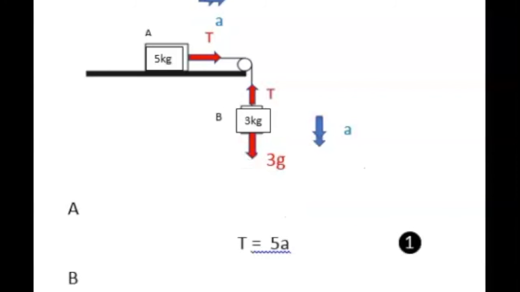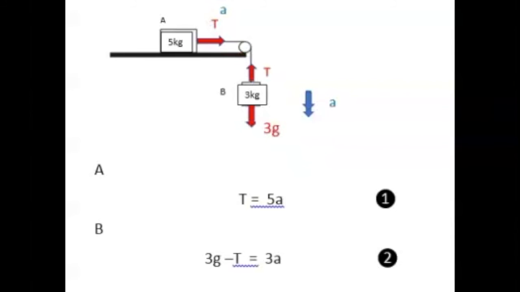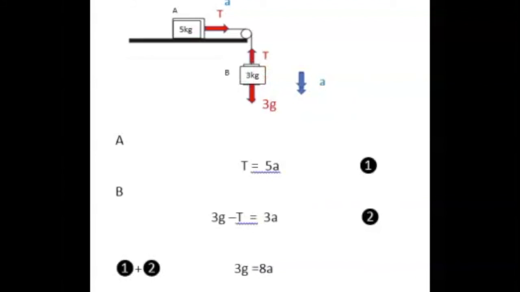If we consider mass B, which is moving downwards with acceleration a, 3g is helping it, T is opposing it, so the equation is 3g minus T equals 3a. Adding equations 1 and 2 together gives 3g is equal to 8a, so a will equal 3g over 8, which is 3.675 meters per second per second.